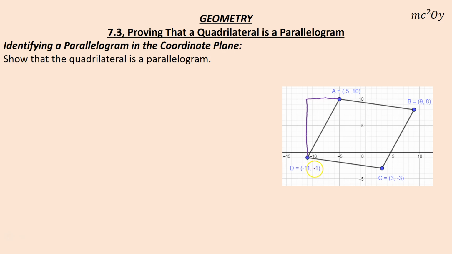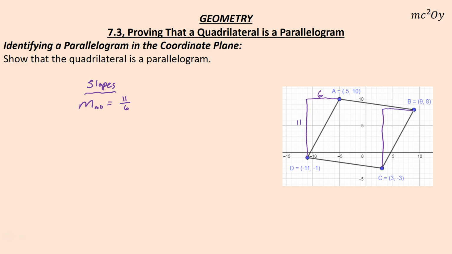From -1 all the way up to 10 has a rise of 11. And the run goes from -11 to -5. So the slope m of AD is equal to 11/6. Let's look at the slope of the line that appears to be parallel.